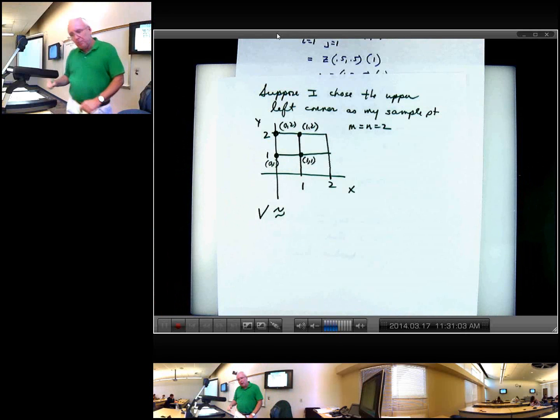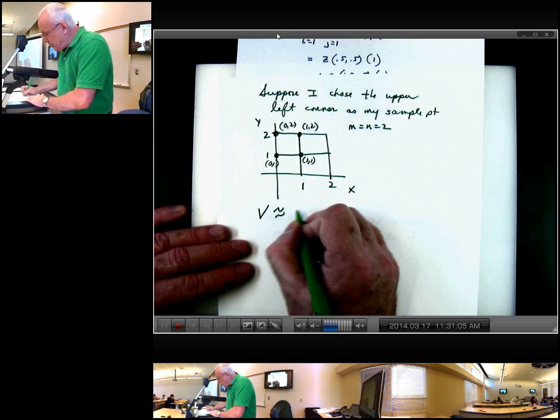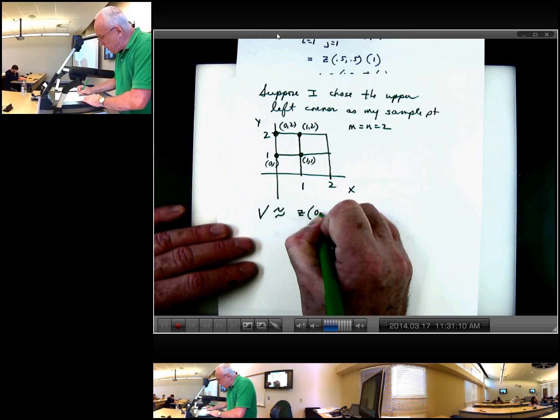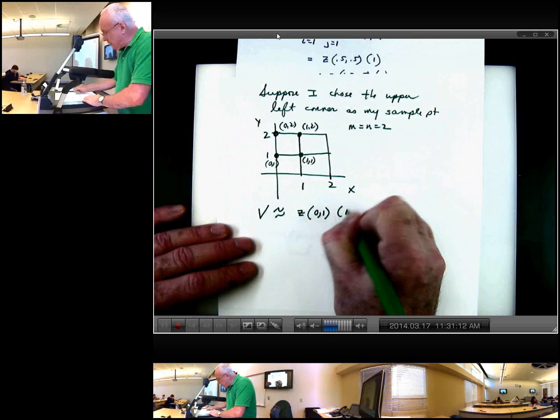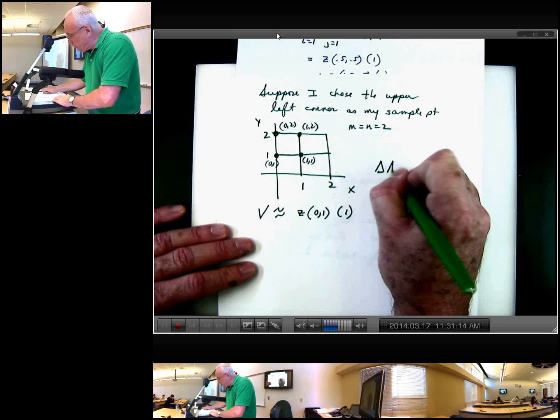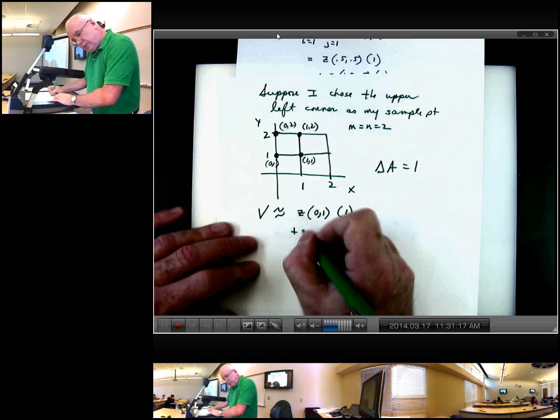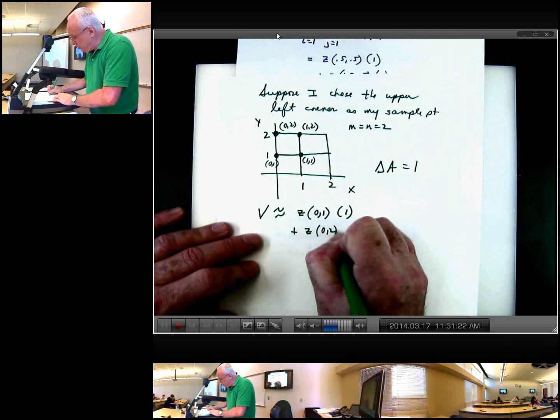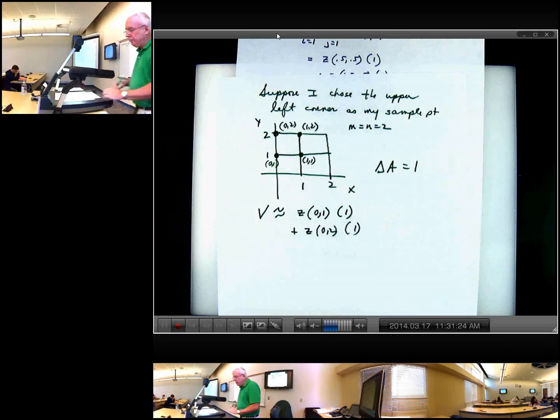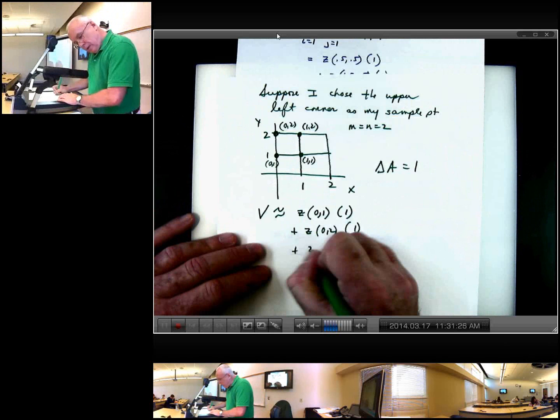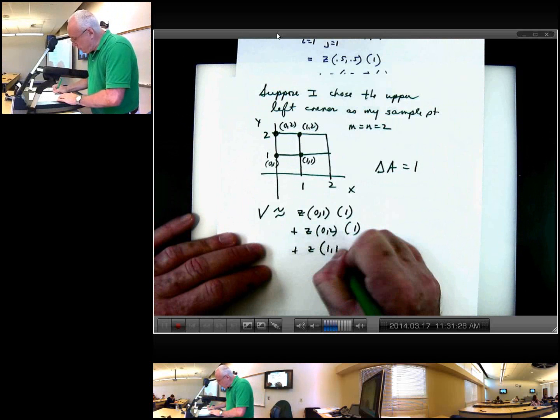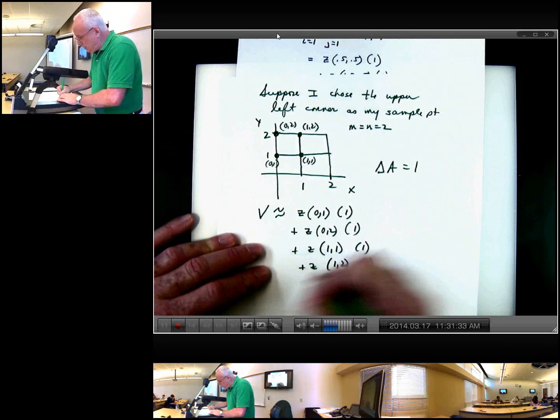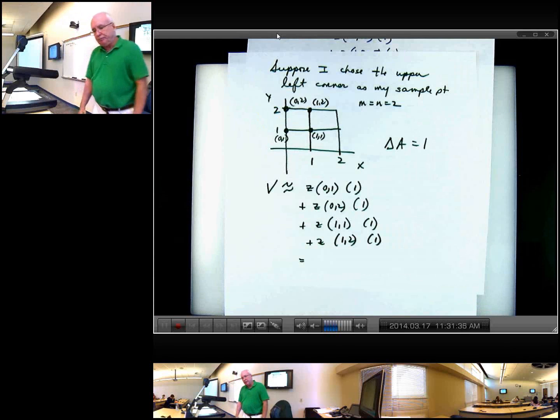So my volume approximately equals Z applied to (0,1), and again my delta area is still equal to 1, plus Z applied to (0,2) times my delta area, plus Z applied to (1,1) times my delta area, plus Z applied to (1,2) times the delta area.